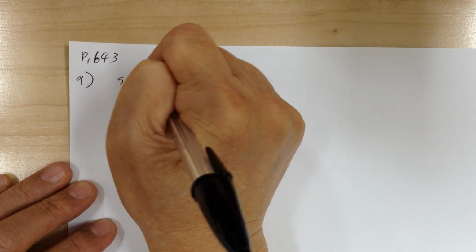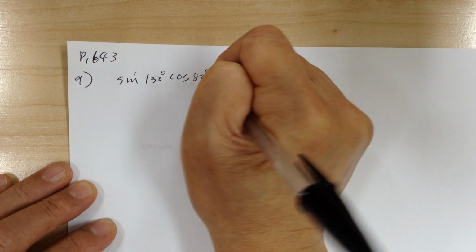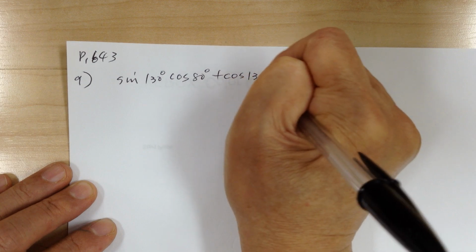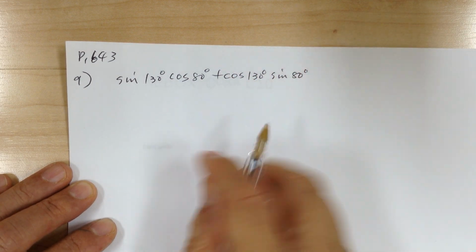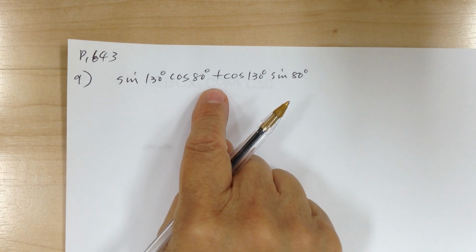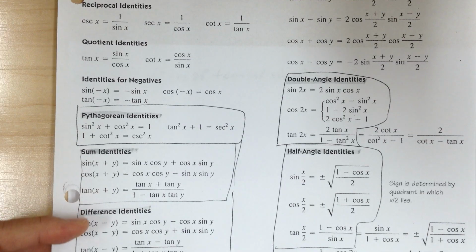So you've got sine of 130, cosine of 80, plus cosine of 130, sine of 80. Okay, so this is sine, cosine, and a sum.